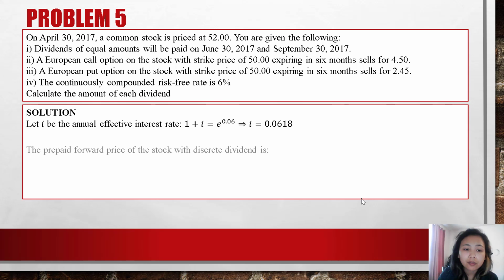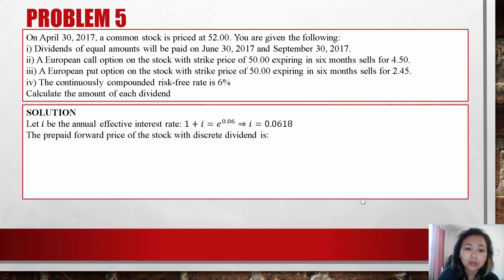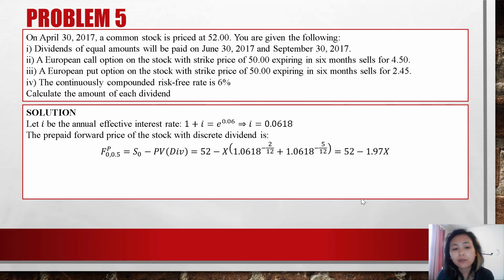Now we can find the prepaid forward price of the stock with discrete dividends. We got prepaid forward price from time 0 to time 0.5 is equal to S0 minus the present value of the dividend. The current stock price is 52. Let's say x is the amount of its dividend.